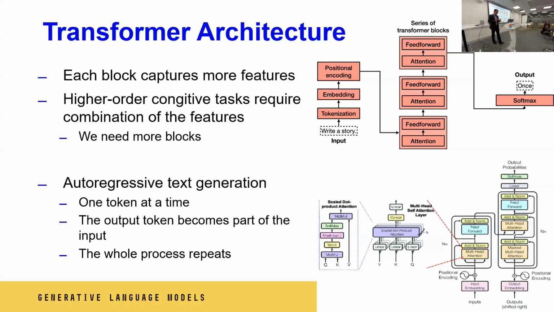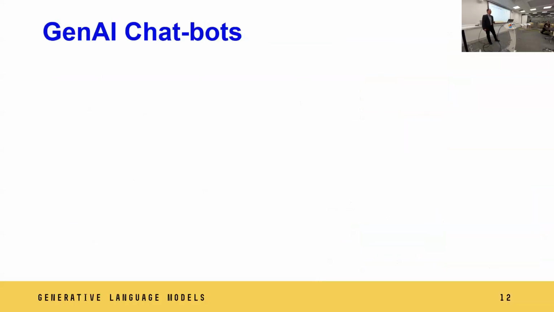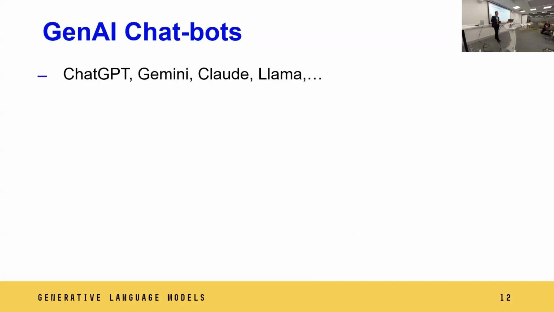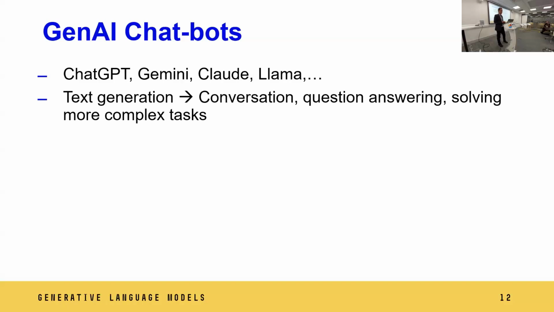So the demand for computational resources is pretty significant. And this is inside the GenAI chatbots that most of you already experimented with, like ChatGPT, Google Gemini, Claude from Anthropic, or Llama from Meta.